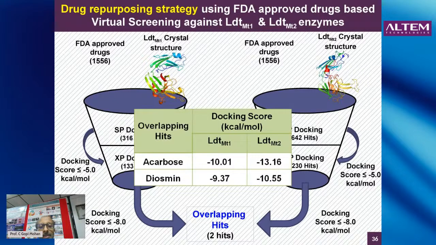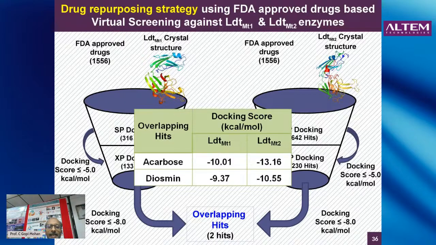Both are naturally derived compounds coming from plants or fruits, and we got very good docking scores. We considered diosmin because of its better bioavailability and better ADME profile than acarbose, which has some bioavailability problem.